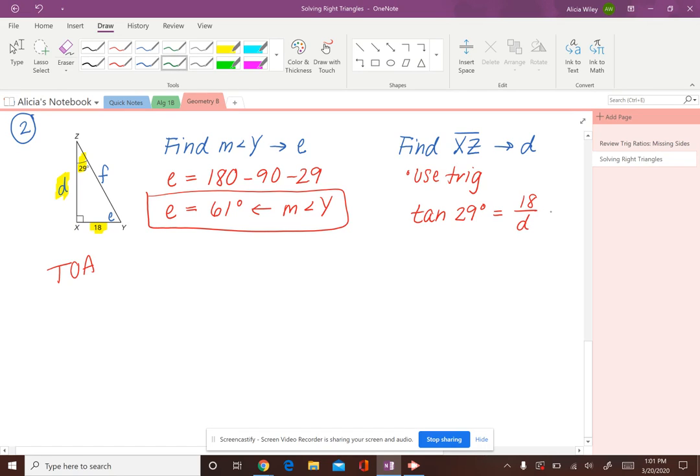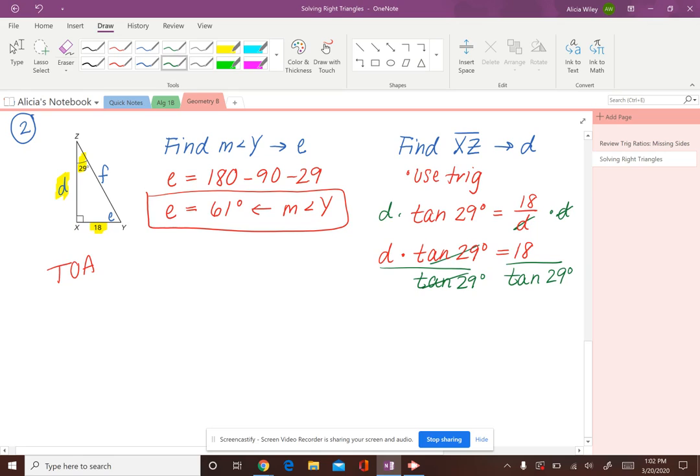Solving this, multiply both sides by D to allow this to cancel out, leaving me with D times tangent 29 degrees equals 18. And then I have to divide both sides by tangent 29. Remember, if you need more practice or more examples of this, check out my video on solving using trig ratios on YouTube.